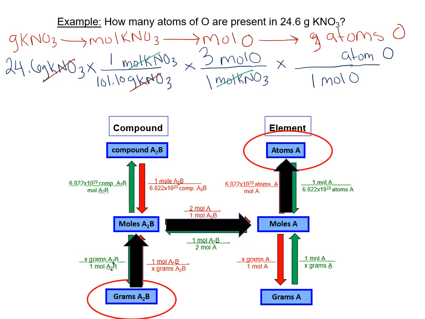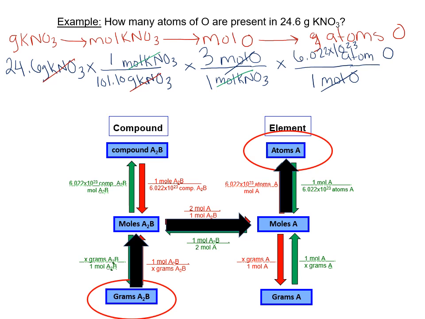So on top, we put the 6.022 times 10 to the 23rd. So you can see now that the moles of oxygen cancel, and I will be left with the atoms of oxygen.